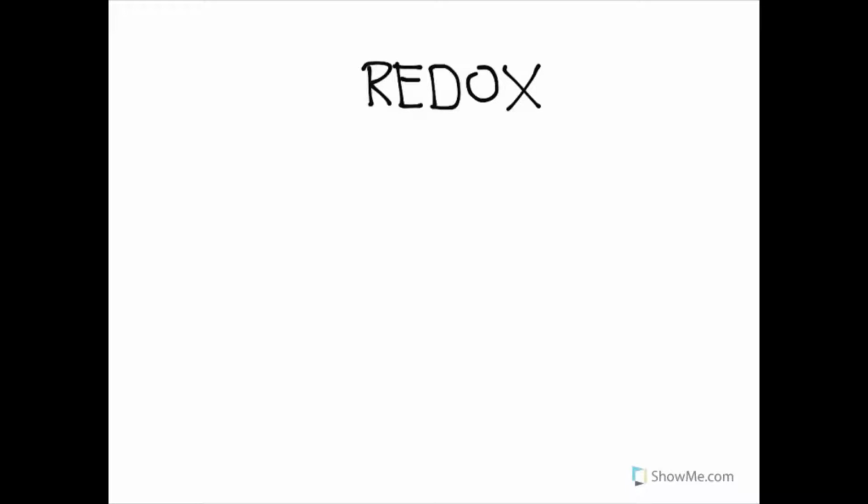So let's help you guys understand what redox is. To do that, we have to understand a fundamental thing about all atoms is that atoms are neutral. Why are they neutral? Well, atoms are neutral because they share the same number of protons and the same number of electrons. Now, because of this, the positives and the negatives equal each other, and when positives and negatives equal, they cancel each other out, and they have no charge or said to be neutral.